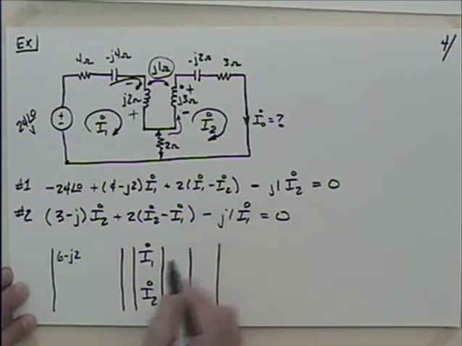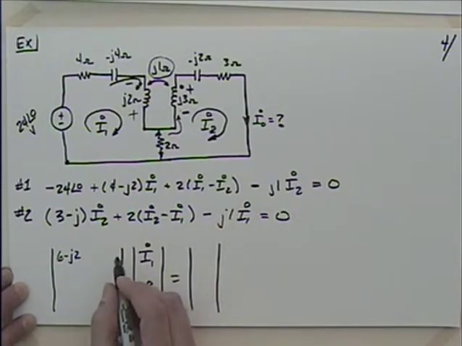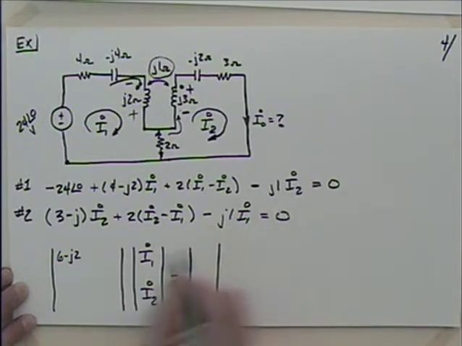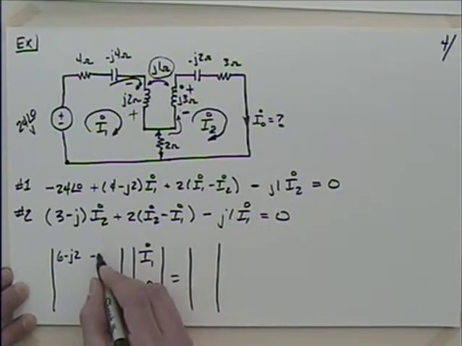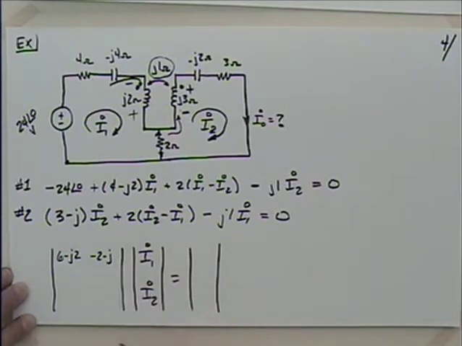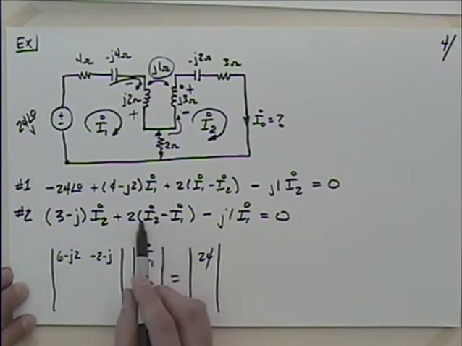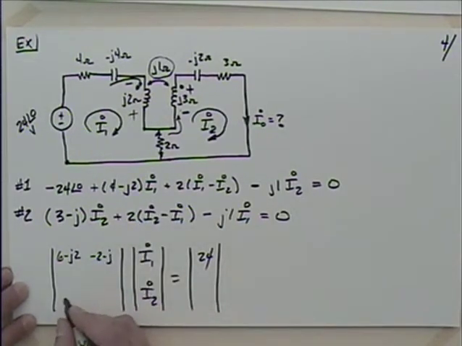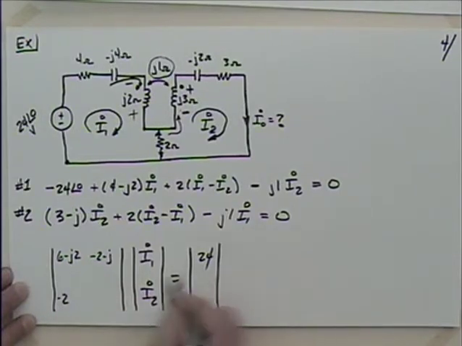How about I2s? Minus 2 of them. Oh, and I got another J. So minus 2 minus J. And that would be equal to 24. Then over here, what do I have for I1s? I've got minus 2 and a minus J.